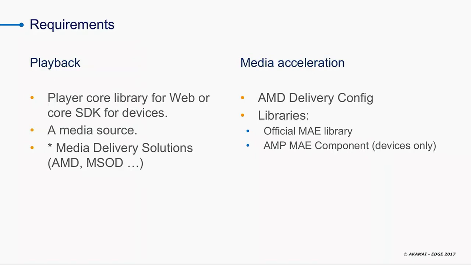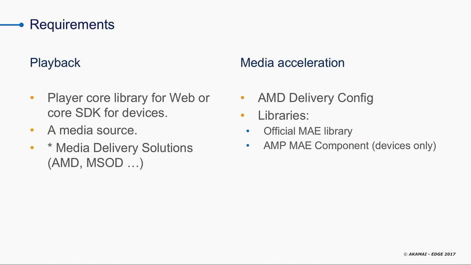It could be any format. It could be Dash, HLS, MP4, whatever. If you already are an Akamai client, you can take advantage of this playback by using your adaptive media delivery, your media services on live or on demand.